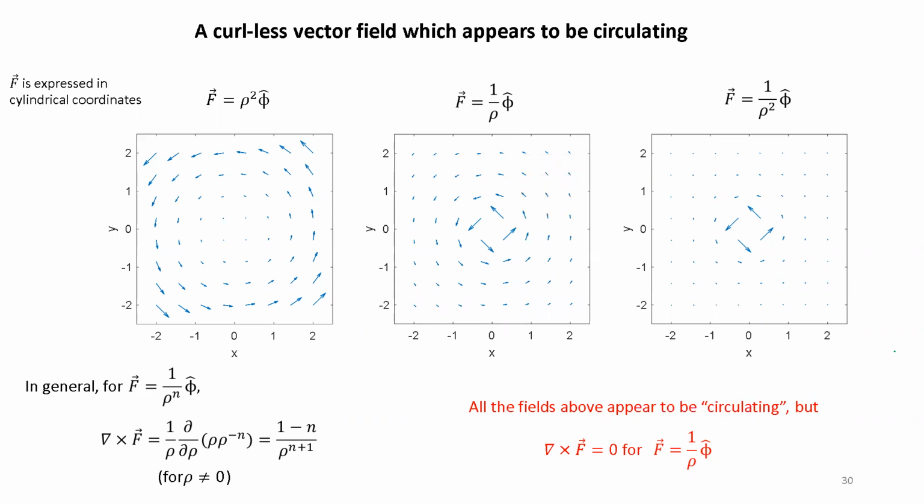I'm going to consider a small loop. What the curl of F tells us is the F dot dr around a very small closed loop. Here, let me make a convenient choice of the shape of the loop, which is like this.